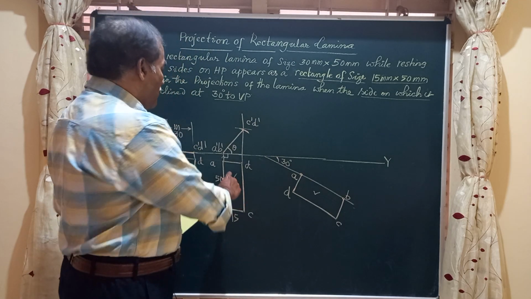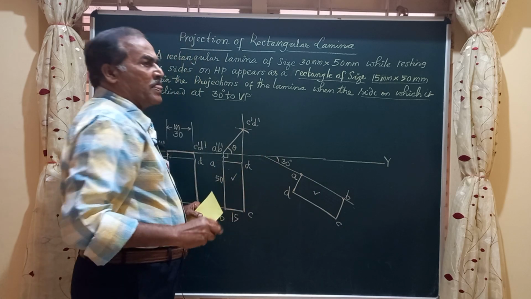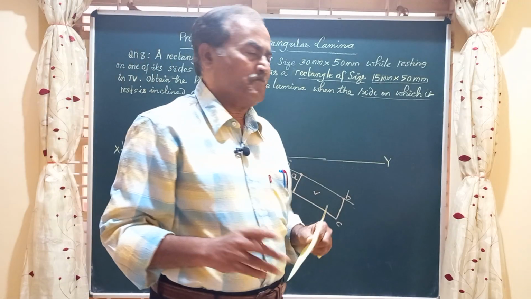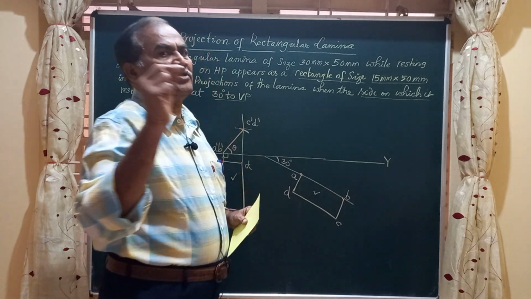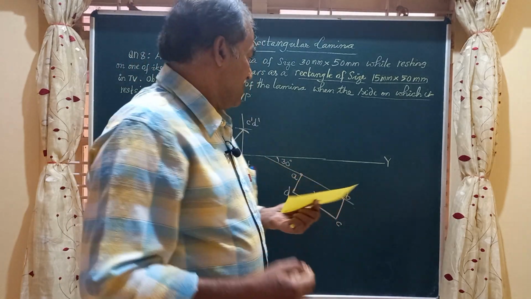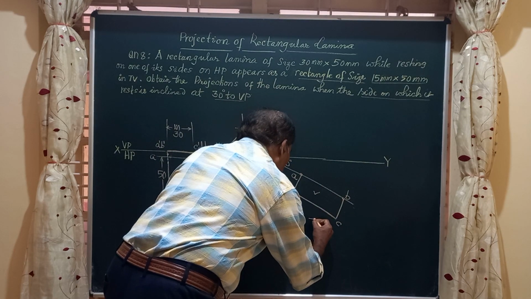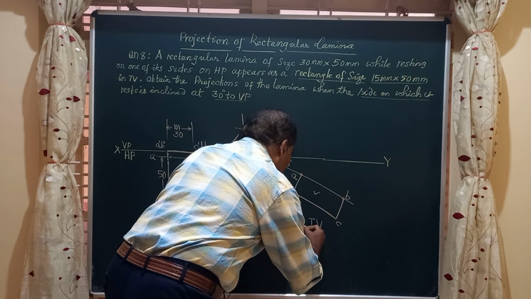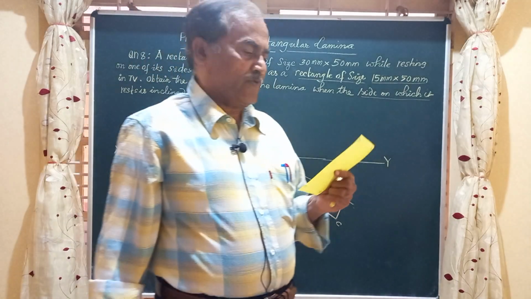Now, the top view is redrawn with side AB making an angle of 30 degrees with the VP. And this inclination to VP of the edge can be seen only in the top view. Friends, this figure ABCD will represent the final top view of the lamina when the edge AB is at an angle of 30 degrees to VP.